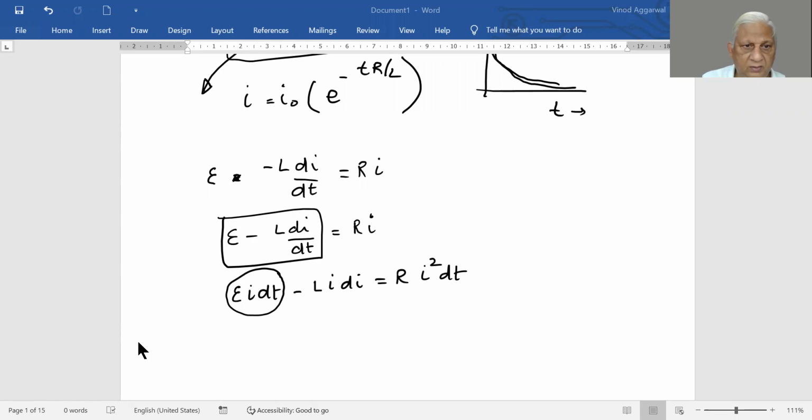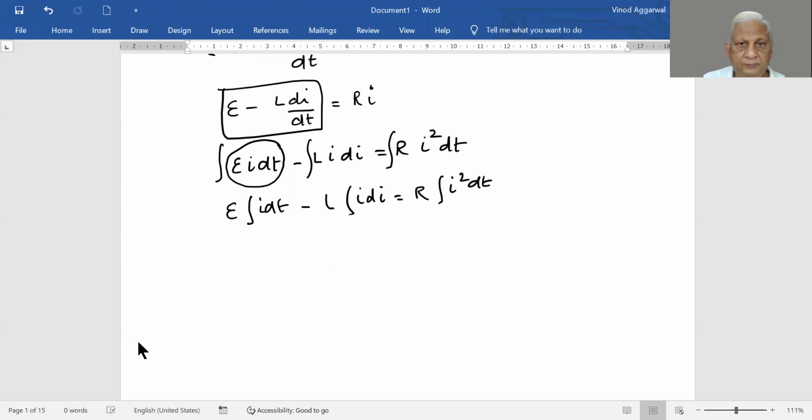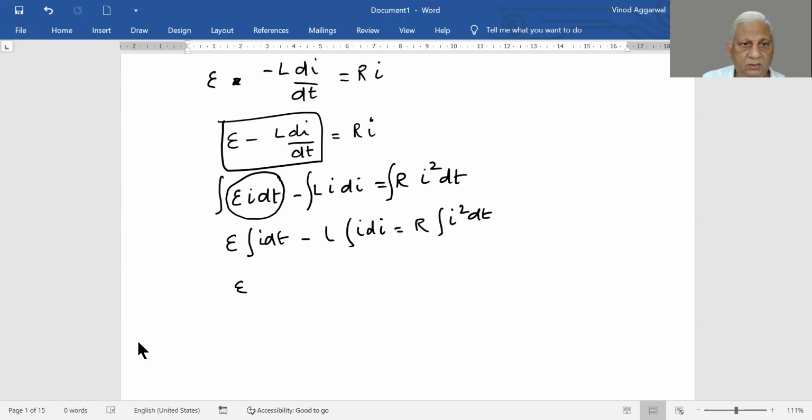What we do is we integrate all the expressions. So this becomes, this is also minus, and I is just the final value.